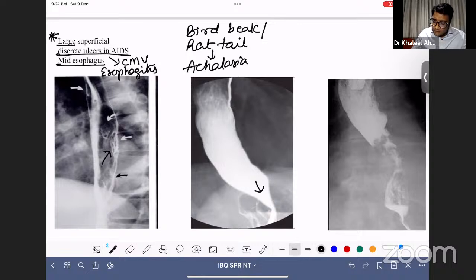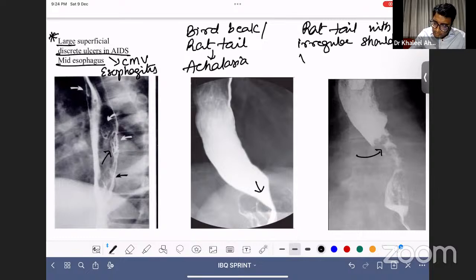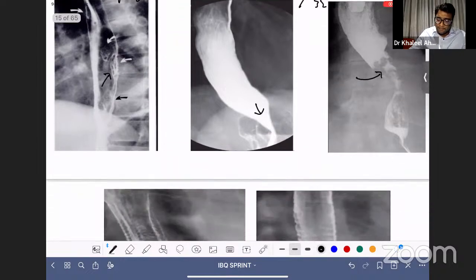But if you see irregularity, bird beaking or rat tailing with irregular shouldering, this is carcinoma esophagus. So a bird beak or rat tail appearance is achalasia cardia, and a rat tail with irregular shouldering is carcinoma esophagus.